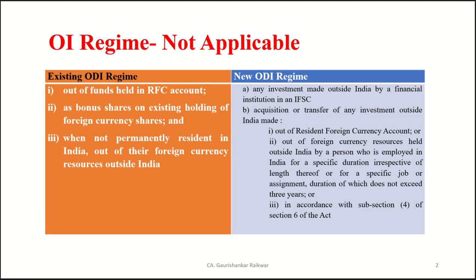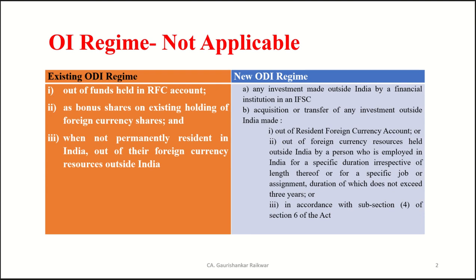So the first thing is whether the ODI regime is applicable or not applicable. As per the existing guideline, there were certain cases where the ODI regime was not applicable. It was if the investment made by a person resident in India was out of three categories of funds.